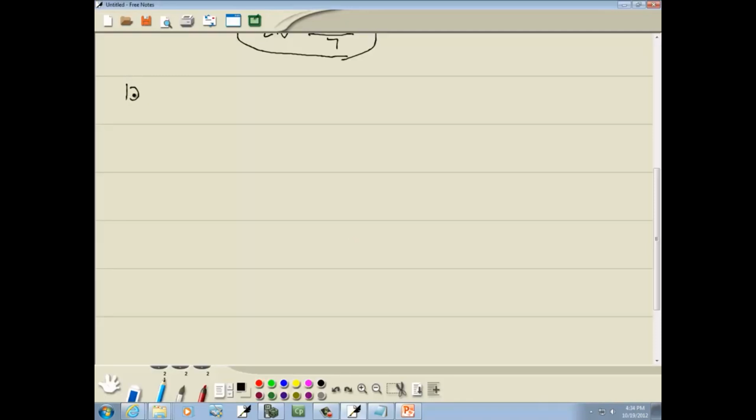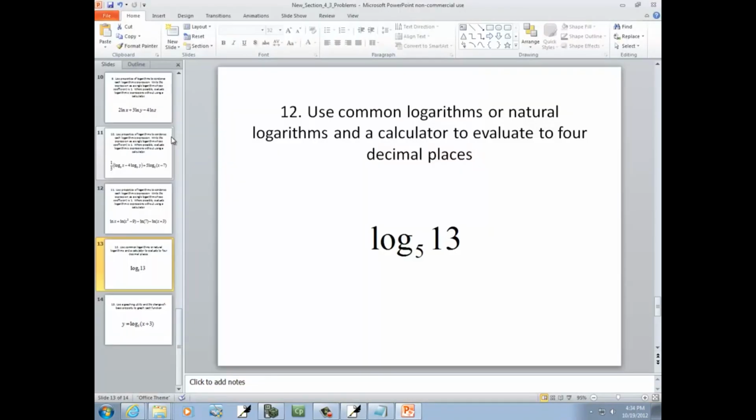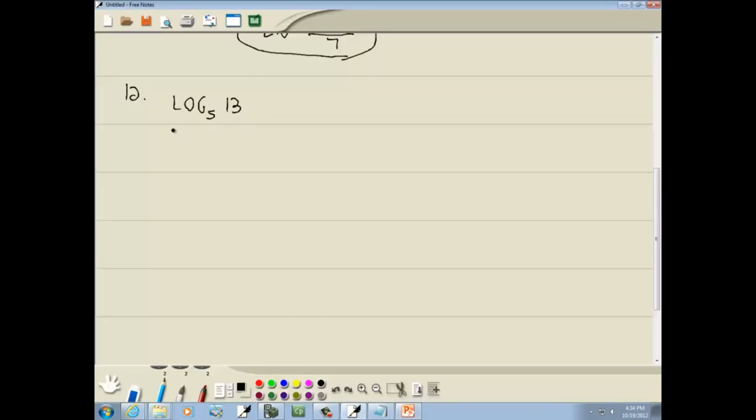Now the next two we saw in a previous lesson, but let's refresh our memory. Now this says use common logs or natural logs in a calculator to evaluate to 4 decimal places. Well, we're going to use the change of base to rewrite this. So this becomes log of something over log of something.